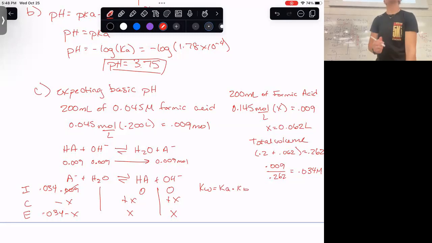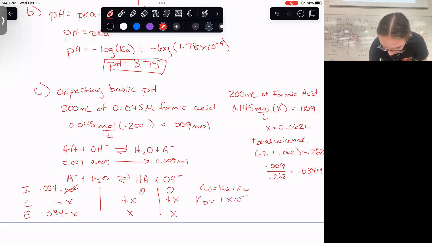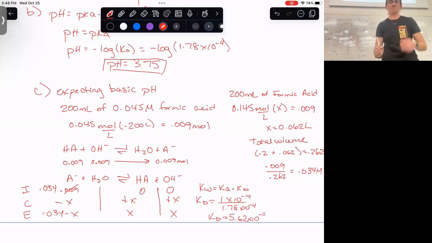We know Ka from our previous two parts that we solved, and we know Kw because that is a constant. So Kb will be equal to 1 times 10 to the negative 14 divided by 1.78 times 10 to the negative 4. So Kb will be equal to 5.62 times 10 to the negative 11.